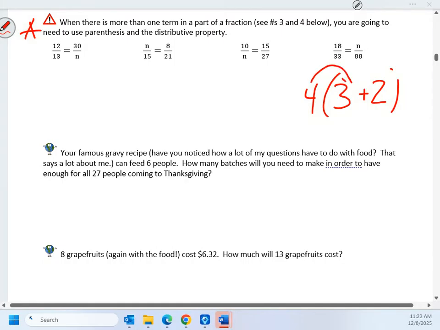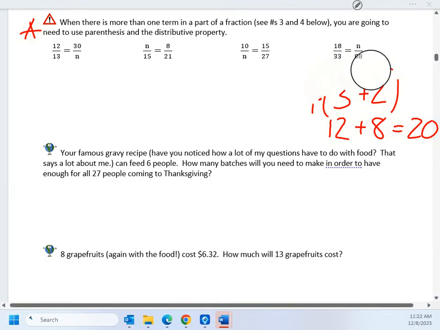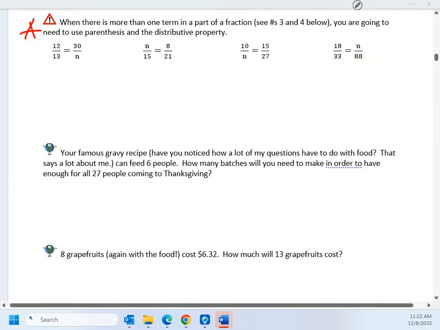So we multiply, because when we're right outside of parentheses, it means multiply, you multiply it through. So 4 times 3 is 12, 4 times 2 is 8. Okay, so distributive means multiplying it through the parentheses. But like I said, I think he took out the problems that actually had those in it.